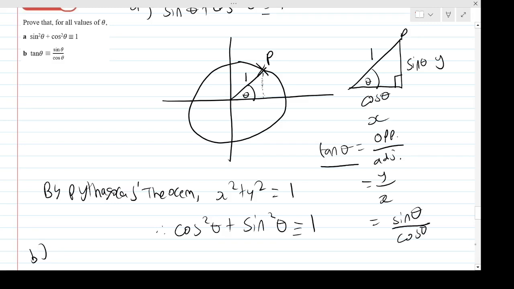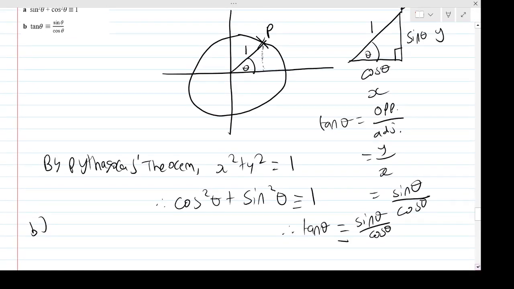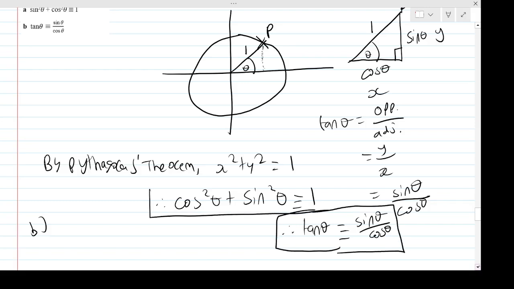Well, there we are then. So tan theta is going to be equal to sine theta over cos theta. And this is true for all values of theta again, because it doesn't matter where I put my point, it will always be true. So it'd be an identity. So we've proven them both here.